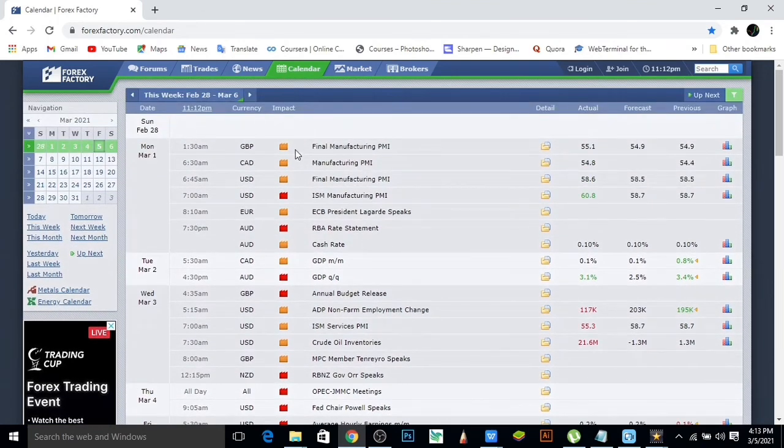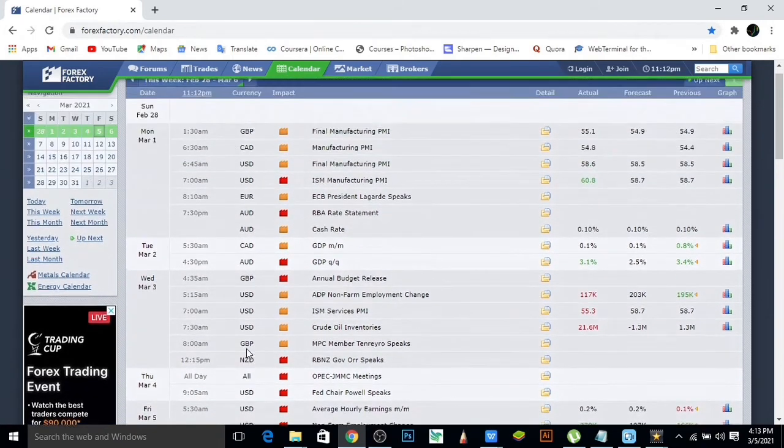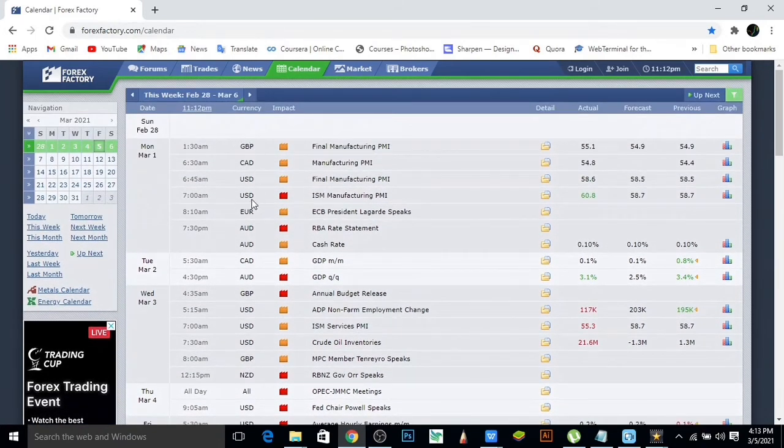So looking at this, you can see currencies listed here. This column is showing the currencies that the news is going to affect. And you can see some orange, some red, orange, red, orange, red. That is showing the level of importance of that news item.